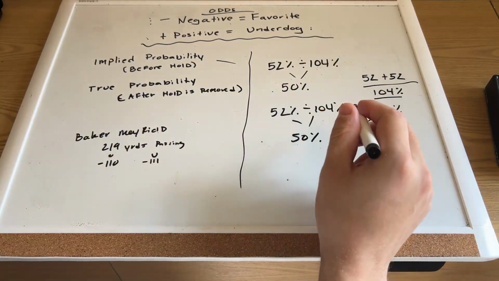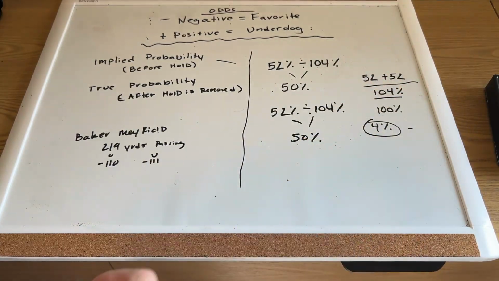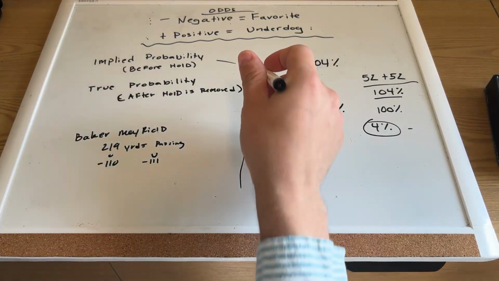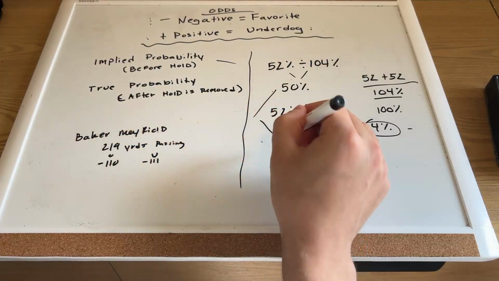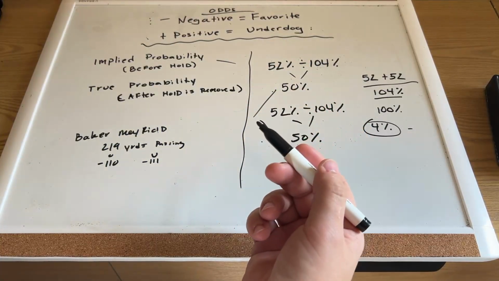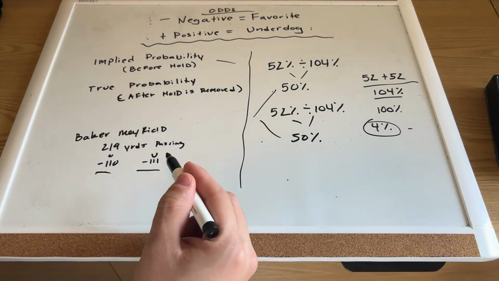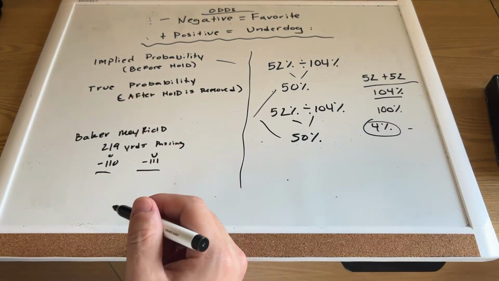Now when you add these two, it's going to be a lot closer to 100. You may be 1 point off sometimes, but you're a lot closer. That's what you're looking at for your true percentages. So on this play, what it's telling you is that it's really a 50-50 play. 50% chance they go over, 50% chance they go under. But that's how you find the true probability.